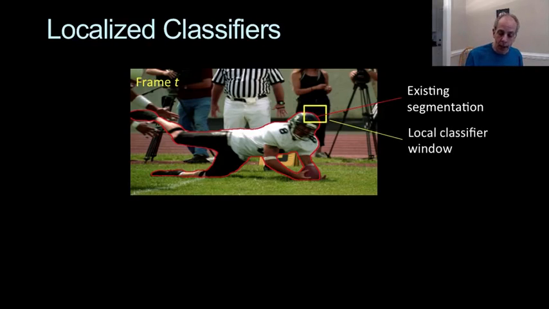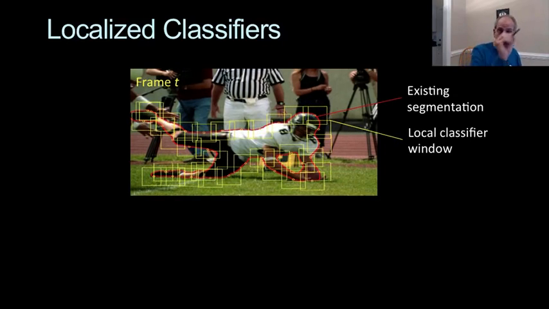Now, we're going to have what we call local classifiers. So we're going to put windows centered around the segmentation, around the boundaries that we have just computed. From each one of these windows that go all around, so every pixel has a window, or maybe we do every few pixels going around the curve with some overlapping as we have illustrated here.